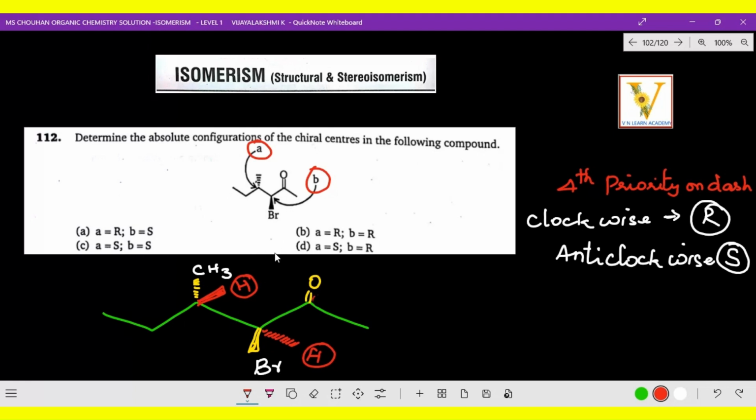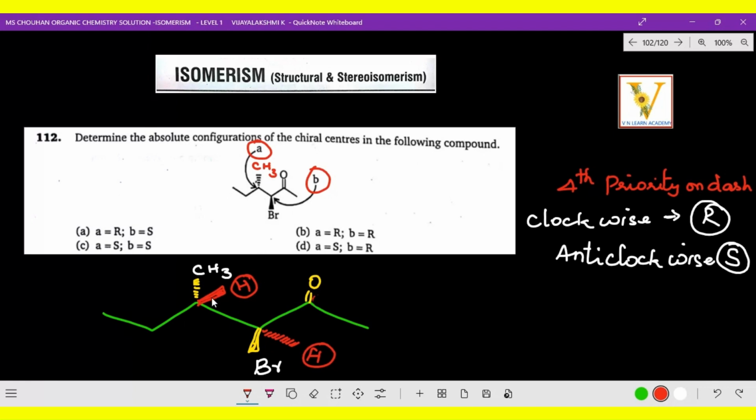Now let us find the complete absolute configuration according to the CIP rule. The CIP rule, you know very well. The fourth priority is on dash. Clockwise is R or anti-clockwise is S. If you change it into dash and bring it, you decide clockwise or anti-clockwise accordingly. In point A, CH3 is in the dash position, but you have to convert it into the wedge position.